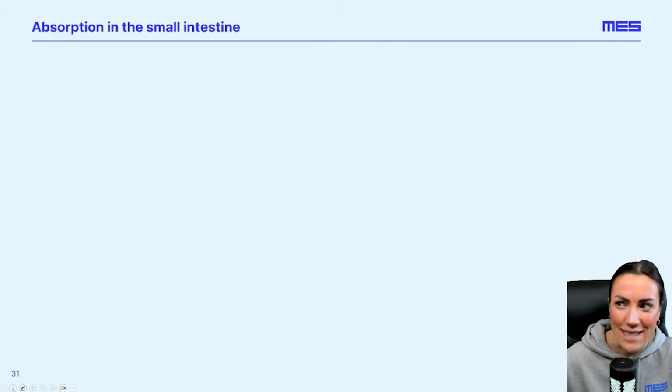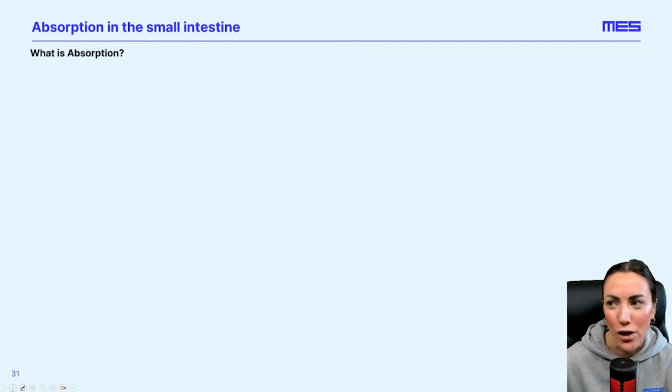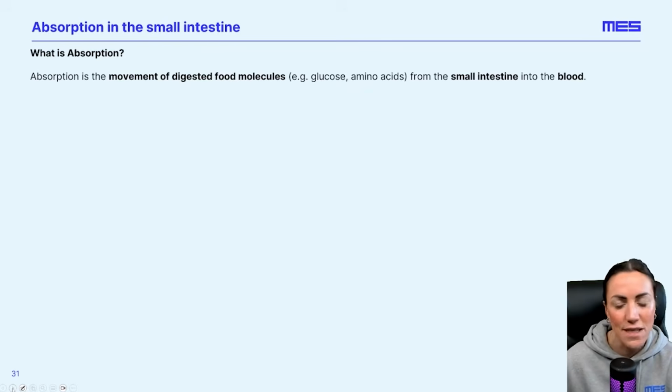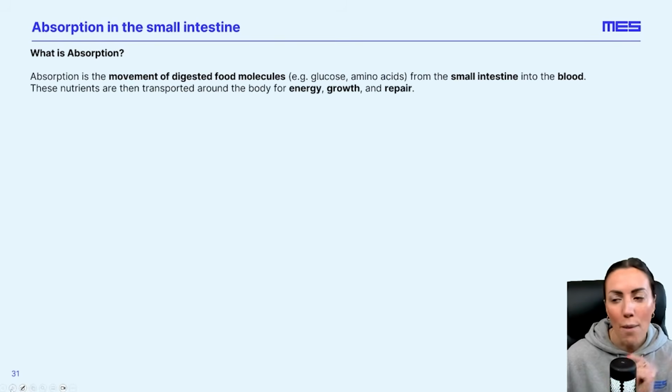Let's talk about the small intestine next. I think this is my favorite one. So absorption happens in the small intestine. Now, absorption is the movement of digested food molecules such as glucose from carbohydrates or amino acids from your proteins from the small intestine into the blood. So we're absorbing these nutrients, these digested food molecules from the inside of our small intestine into our bloodstream.